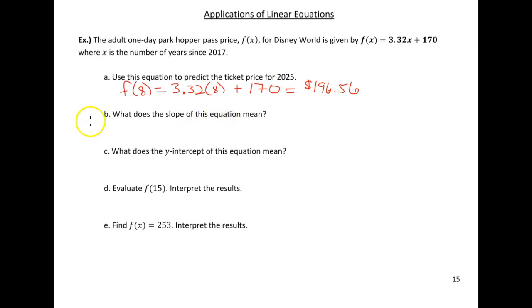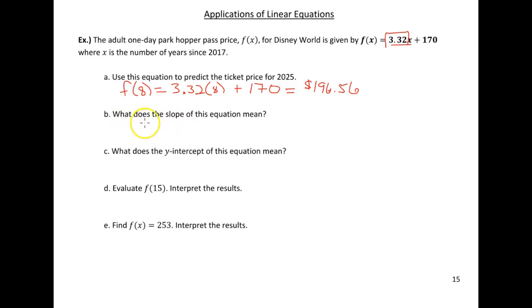The next question says, what does the slope of this equation mean? We go back up here, and the slope is always the term next to the x, so the coefficient here is $3.32. And what that's saying is they predict that the price will increase $3.32 each year.